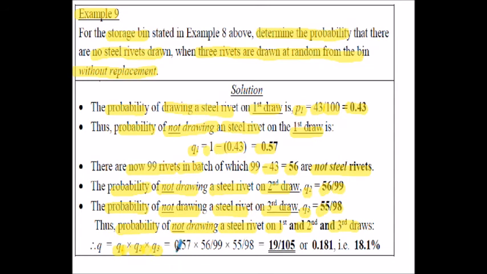Using our probabilities above, that's 0.57 multiplied by 56 divided by 99 multiplied by 55 divided by 98. That gives an answer of 19 divided by 105 for the probability, or in decimals 0.181, which is 18.1%.